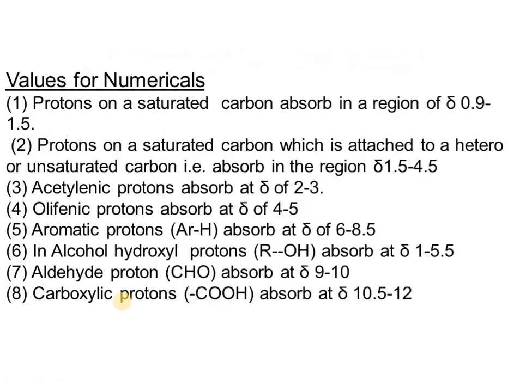Now, for numericals, we have to memorize some values which we will use further. Protons on a saturated carbon are observed in the region of 0.9 to 1.5 ppm delta value, and protons on a saturated carbon attached to a hetero atom or unsaturated carbon absorb in the region of 1.5 to 4.5 ppm.